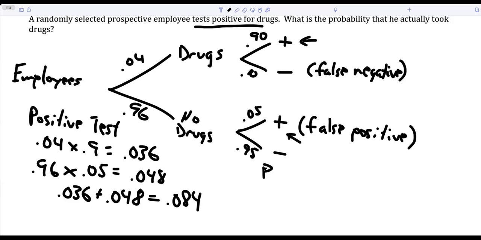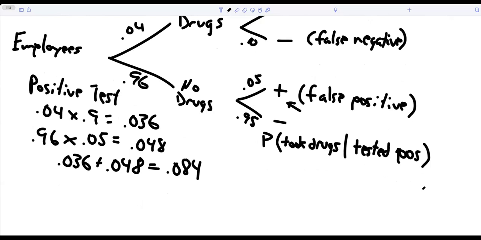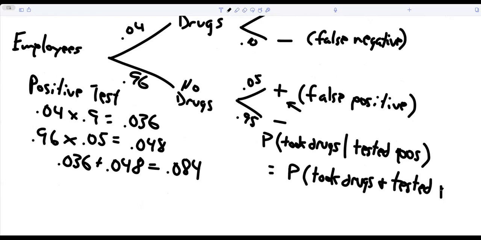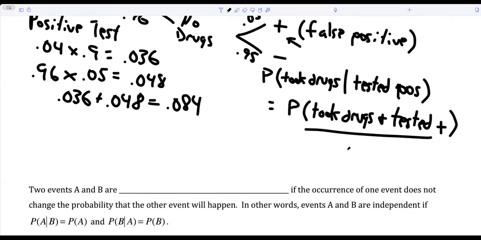So I want the probability they took drugs given the fact that they tested positive. And so that's going to be the probability that they took drugs and tested positive divided by the probability of a positive test.